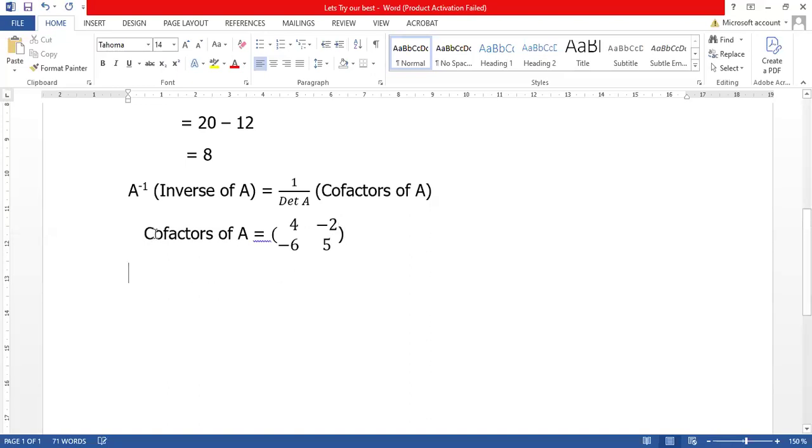Once you have this, you can substitute in your formula. My inverse of A will be equal to 1 over the determinant. Already we have our determinant, that is 1 over 8, then we multiply by the cofactors of A. What will you get?